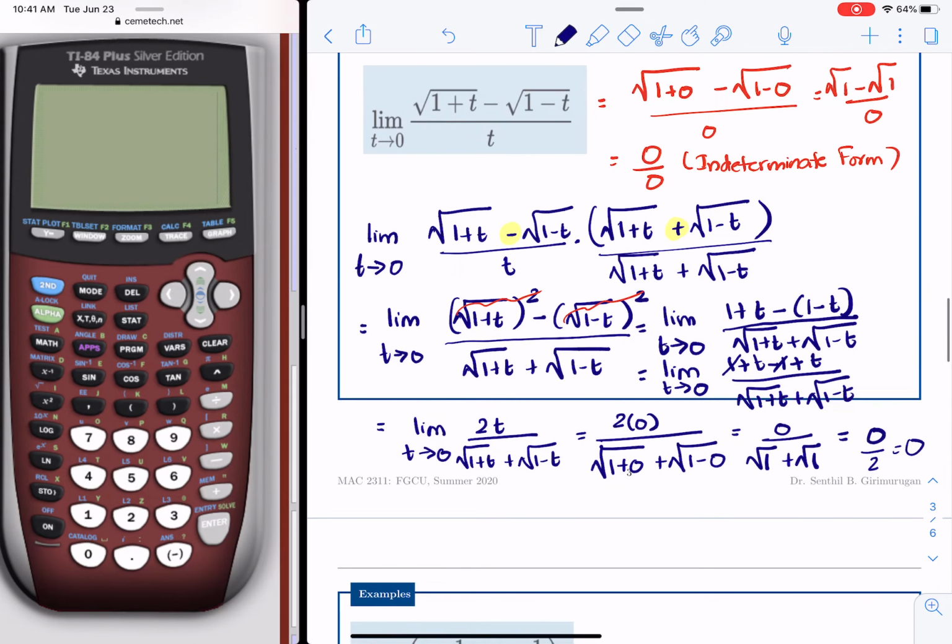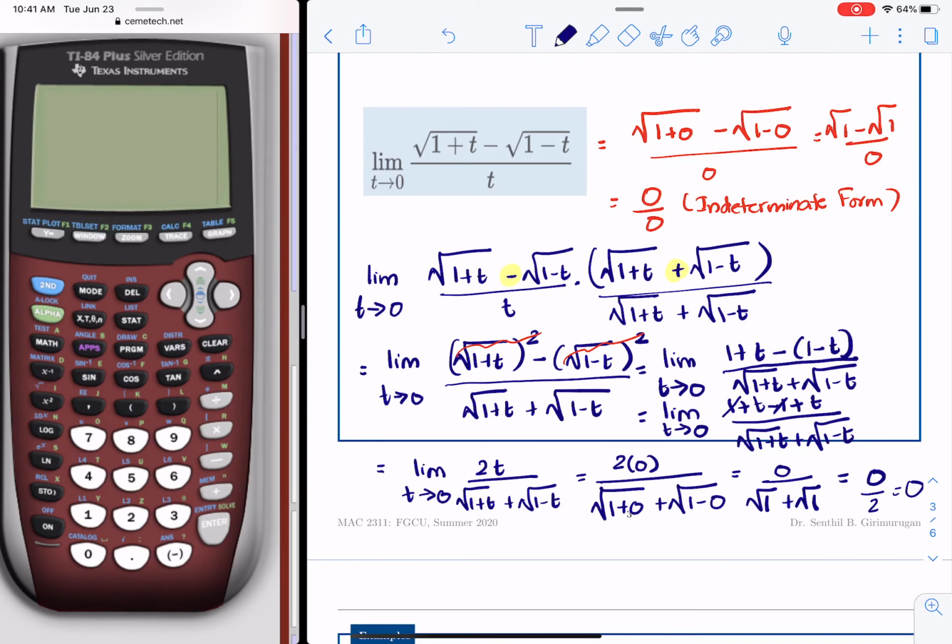So in this problem, it ended up being 0, but we cannot simply say 0 over 0 is 0. It is what we call an indeterminate form. So we've got to be careful when we deal with indeterminate forms.